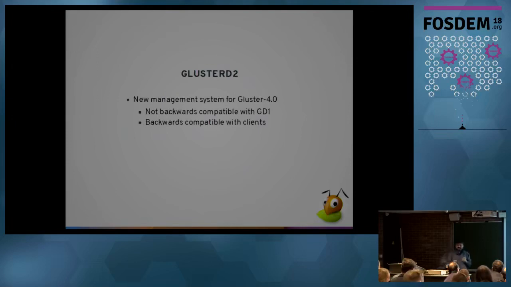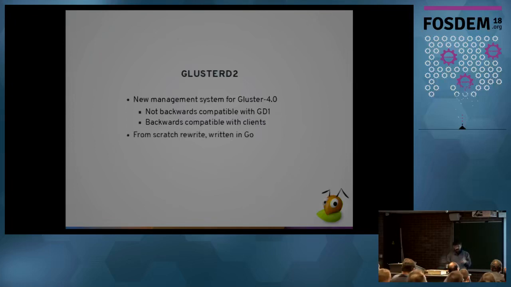GlusterD2 is not backwards compatible with GD1, or classic GlusterD. This means that we can't have a hybrid 3.x and 4.x cluster. But the file system clients can still talk to GlusterD1 and GlusterD2 and perform their mounts. So that's still there.